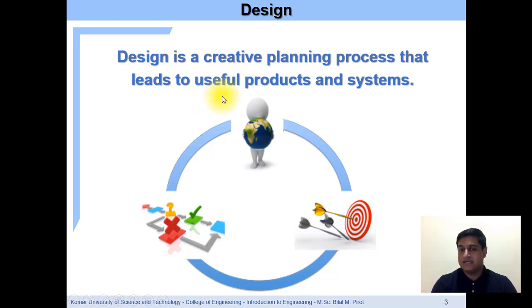So this is why design should be very accurate. Design should be very precise to define the main problems of the society and find accurate and effective solutions for them. Now, this is about design.